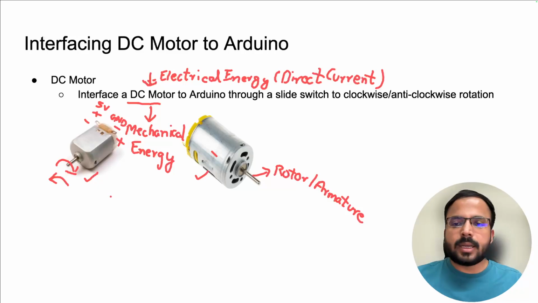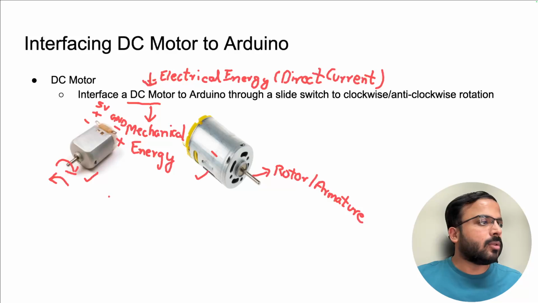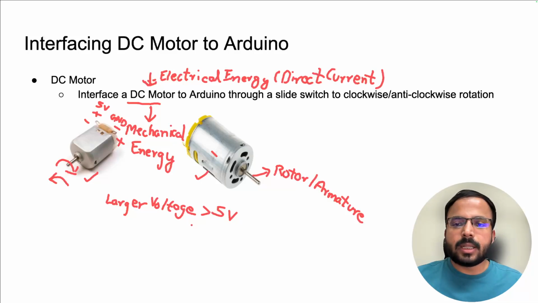But these direct current motors may need a larger voltage. The requirement may be greater than 5 volts, but you know that the Arduino supply is mostly 5 volts, which is the reference voltage.